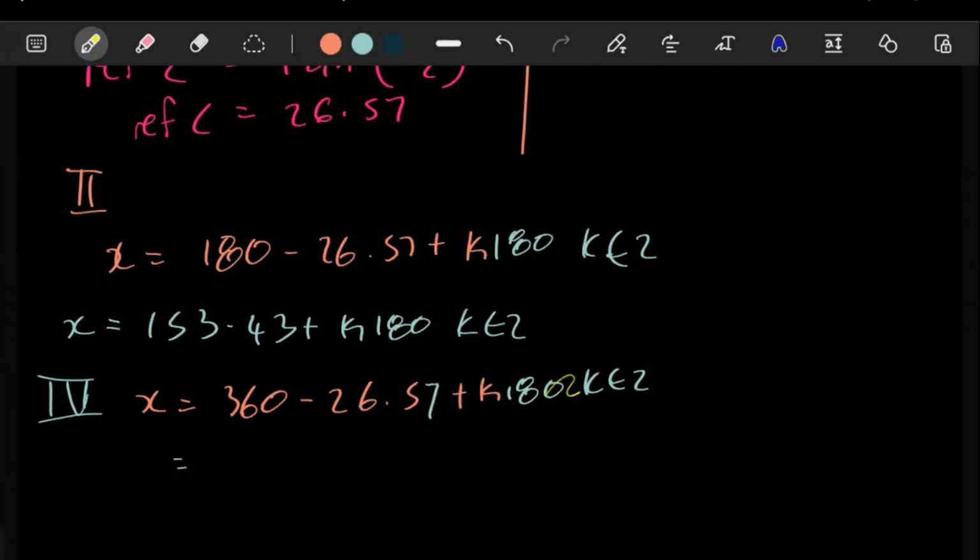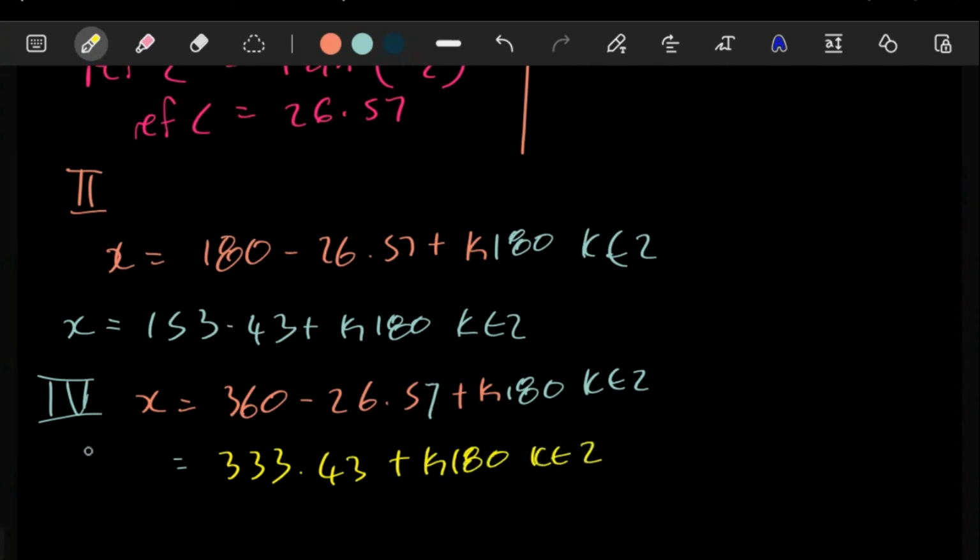Everything on one side, now this minus this is going to give you 333.43 plus k 180.